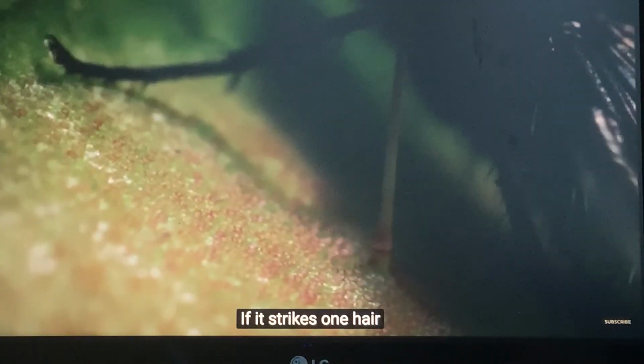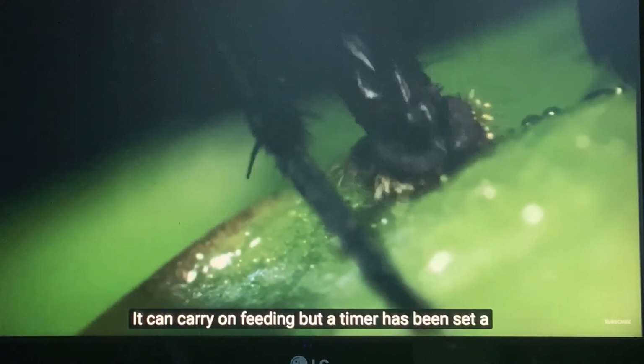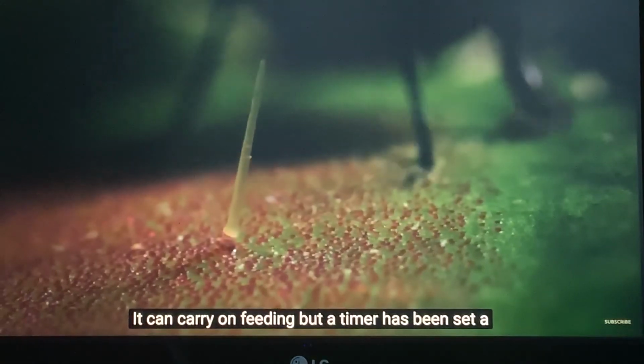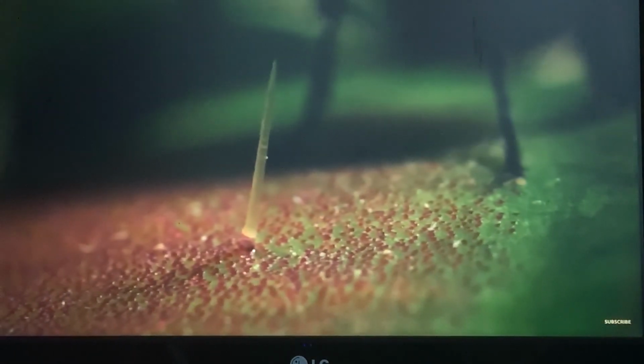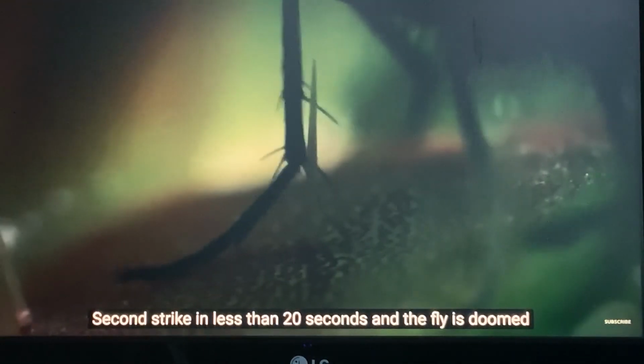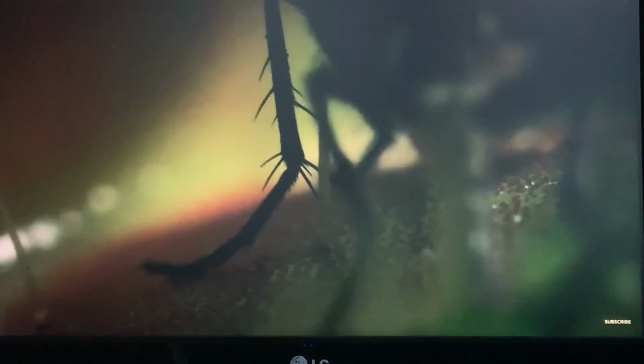This fly has to tread carefully. If it strikes one hair, it can carry on feeding, but a timer has been set. A second strike in less than 20 seconds, and the fly is doomed.